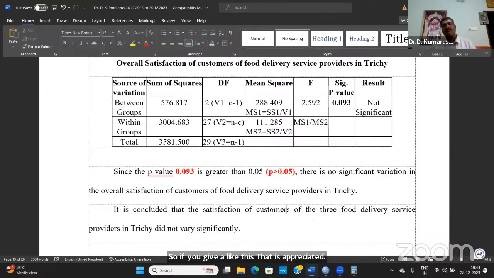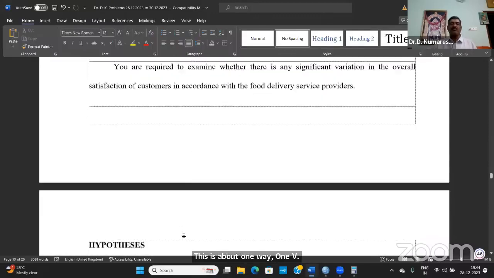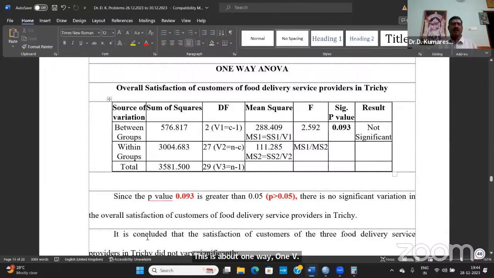So here also, we are giving findings in a different manner. Then we are offering suggestions. This is about one-way ANOVA. So here, now, there is no significant difference in the satisfaction of customers of three service providers.